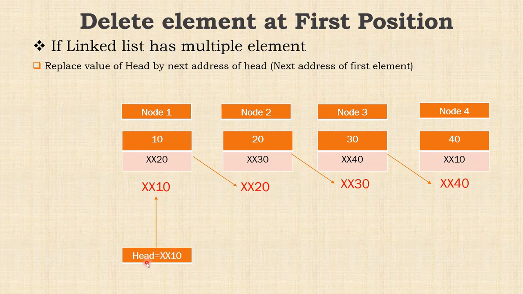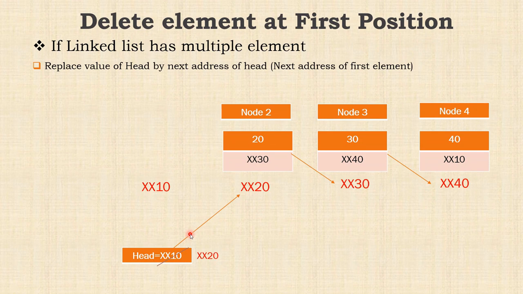So if you replace this xx10 with xx20, then this node will be ignored. So now xx10 is deleted, and now we have set xx20, and then head is not pointing to node 1. Now it will point to node 2. Okay, so like this the first node will be deleted. Now the first node is deleted.